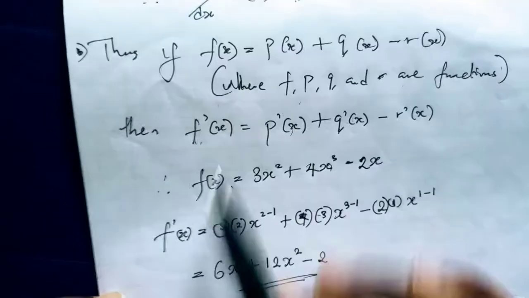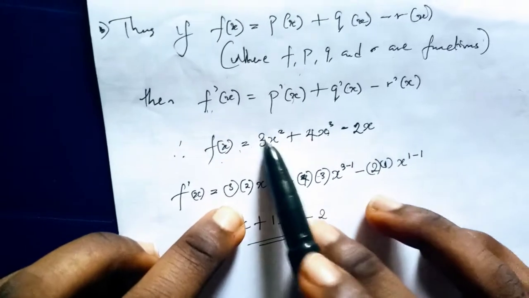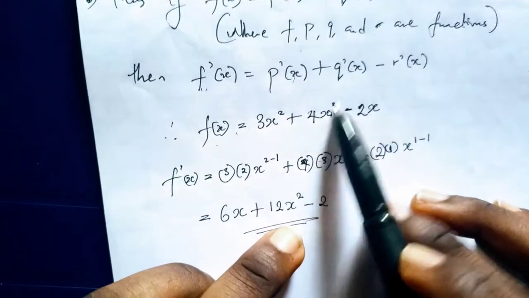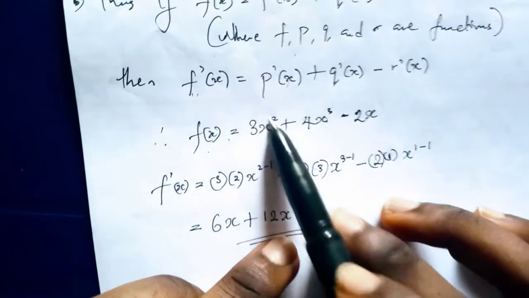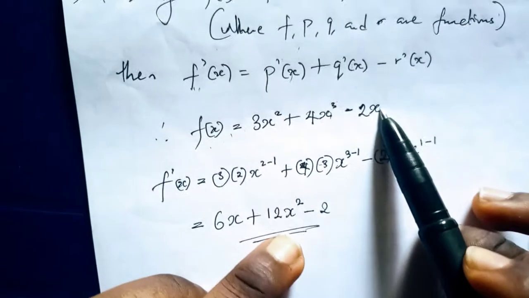Now you are given a function f of x equal to this. Let's say this is our p of x, which is 3x squared, our q of x is 4x cubed, and our r of x is 2x.